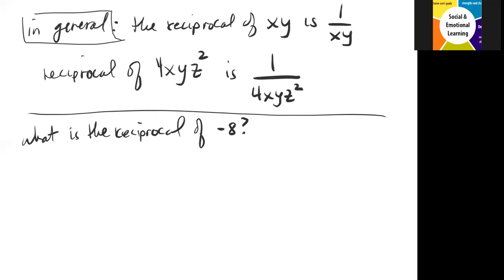If we remember what our definition of the reciprocal was, we could say -8 times something has to equal 1. We want it to equal 1. What if we multiplied -8 by something to get 1?